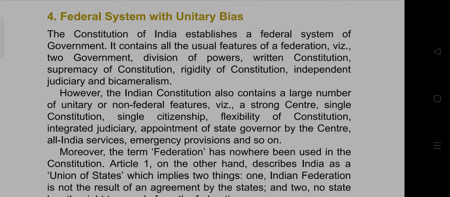Two governments, division of powers, written constitution, supremacy of constitution, rigidity of constitution, independent judiciary, and bicameralism.